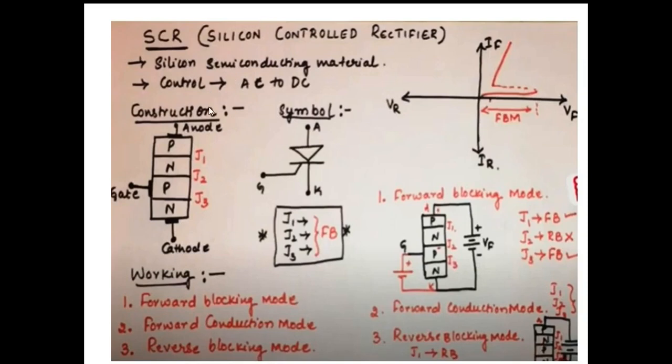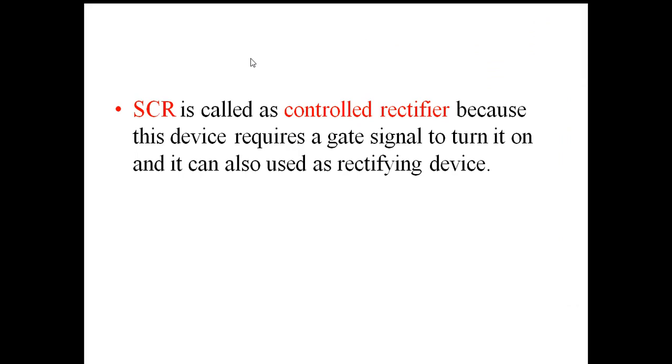Now we are going to see the construction and concerned working of the silicon controlled rectifier in detail. SCR is called a controlled rectifier because it requires a gate signal to turn on the device.